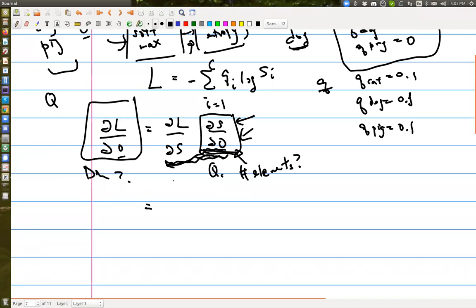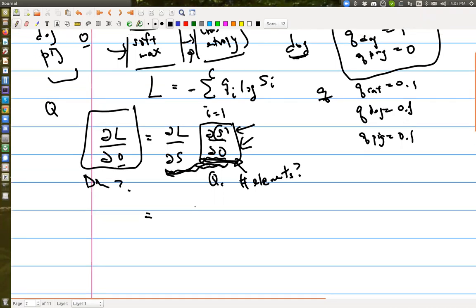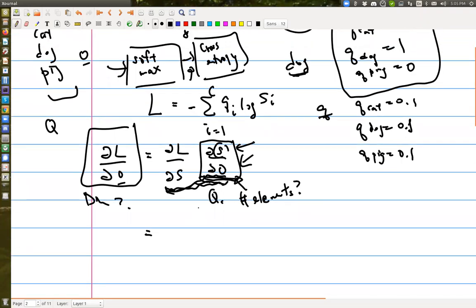So the way I usually see it is, instead of treating this part as a scalar, I will consider the relationship of L and O here.